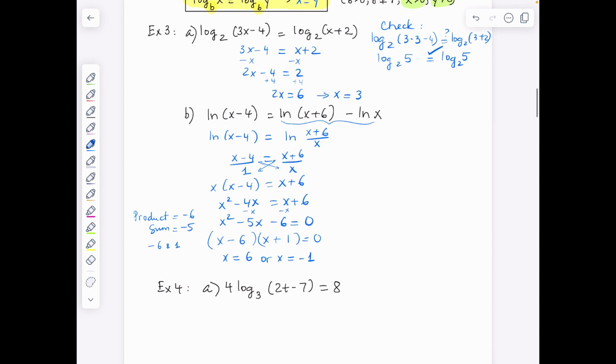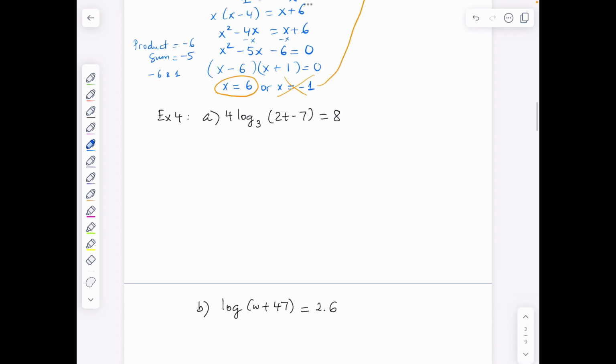And so if you were to substitute x is equal to negative 1 in for this log, which is log of x here, then that's going to be invalid. So therefore, we can't accept that answer. And we will only accept x is equal to 6. So please always make sure that you check your answer at the end.